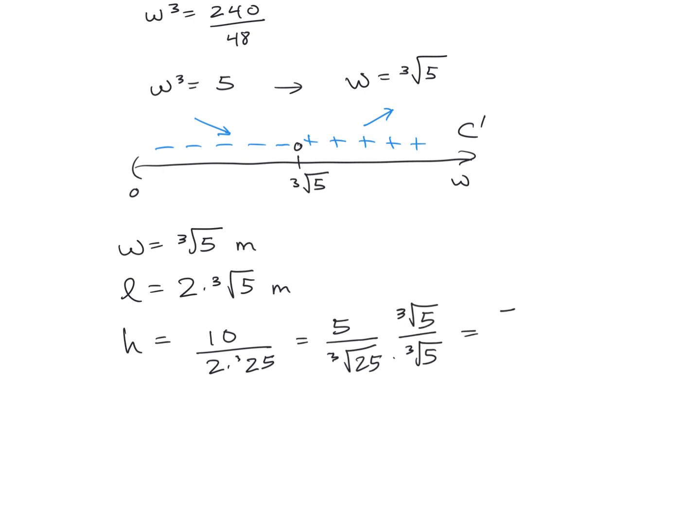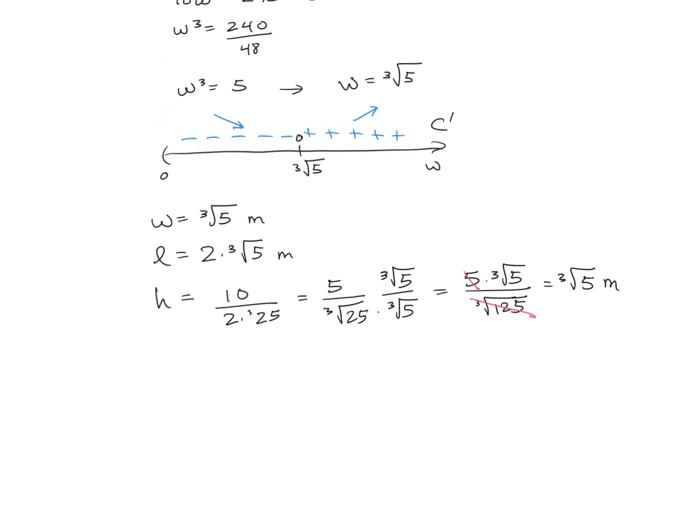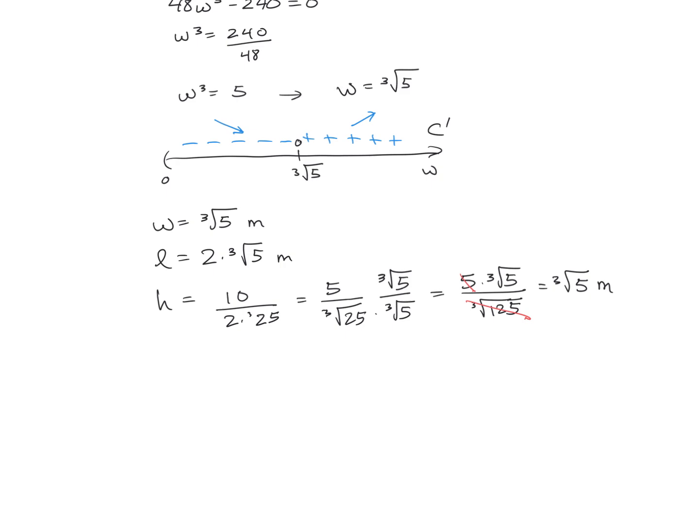And that's going to give us 5 times the cube root of 5 divided by the cube root of 125, which is just the number 5 as well. So we're going to end up with the cube root of 5. And again, unit is meters for the height. All right, so we have the width and the height being the same, and the length is just twice that.